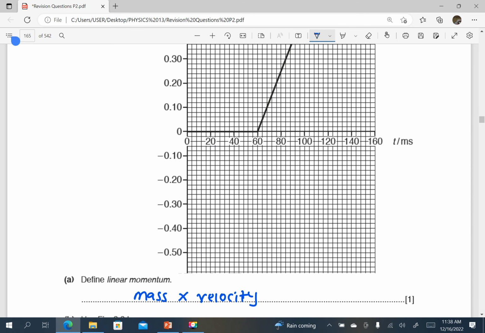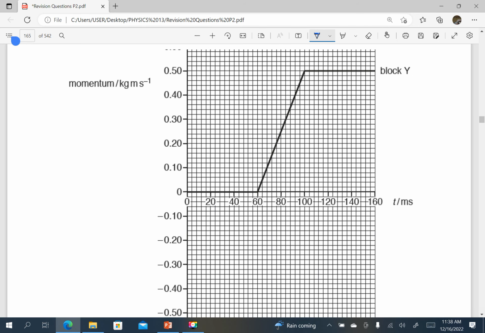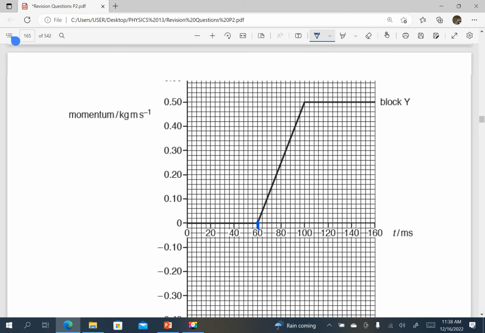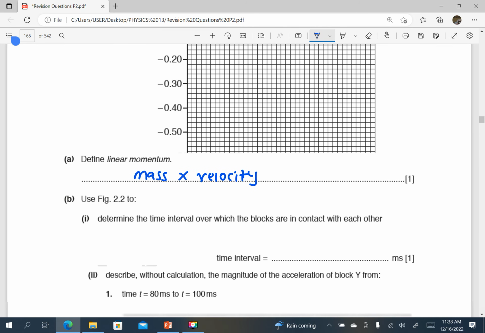When contact occurs, they must exchange momenta. Before t equals 60, momentum is constant. Then it starts increasing, and it stops increasing at t equals 100. So the time interval is between 100 and 60, which gives us 40 milliseconds.